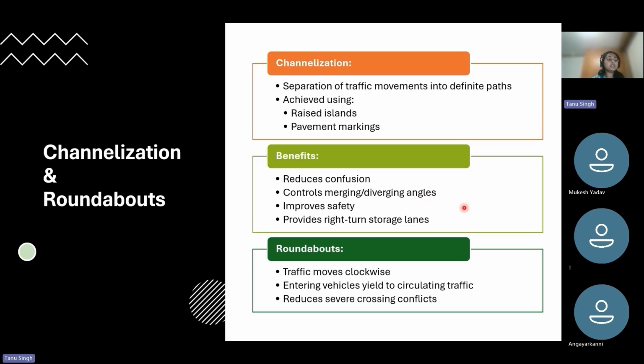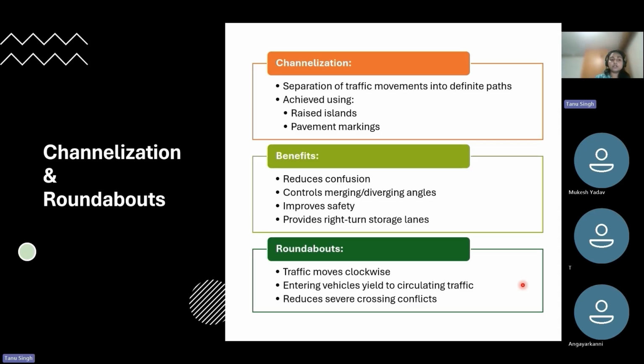A special form of channelized intersection is the roundabout. In a roundabout, traffic moves clockwise. The key rule is that the entering vehicle must yield to the circulating traffic. By converting direct crossing conflict into merging conflict, roundabouts significantly reduce the severity of crashes.